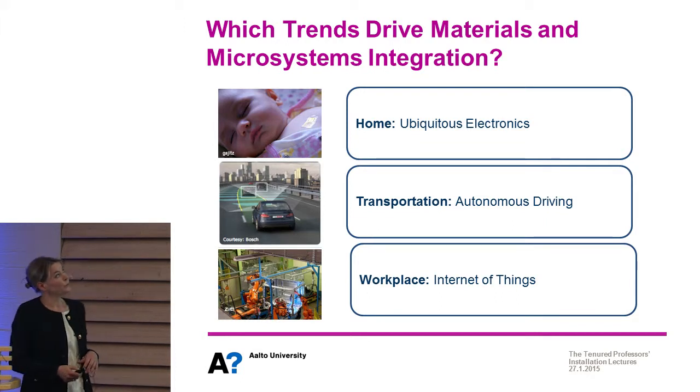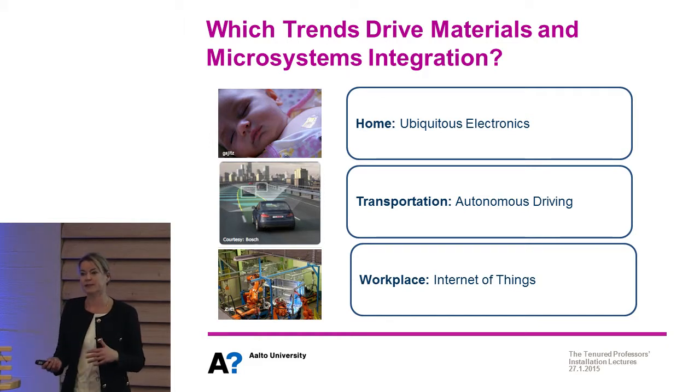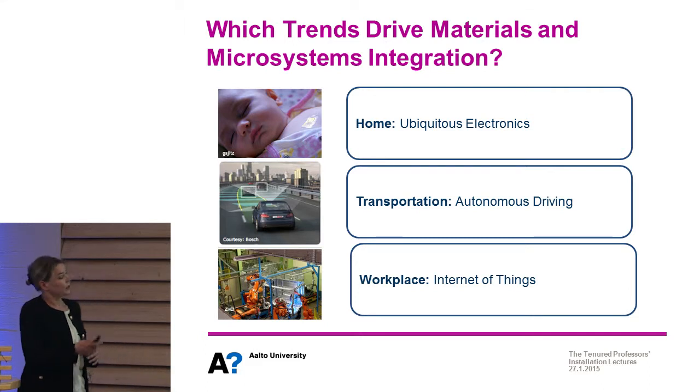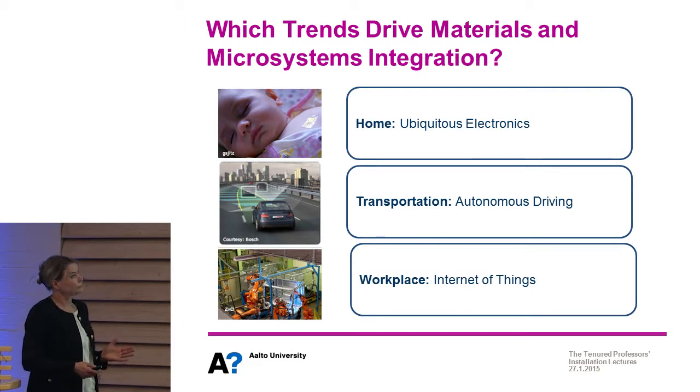So we think that we already have quite a bit of electronics around us, but yet more than 90% of the objects and devices around us do not contain electronics yet, and that will definitely change. And we will have those embedded all over in all the objects surrounding us, even in ourselves.